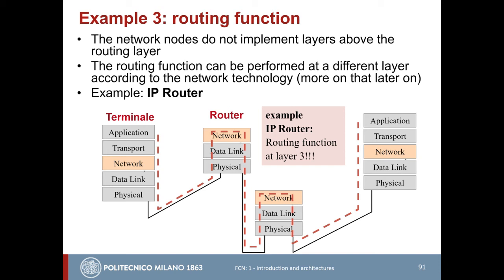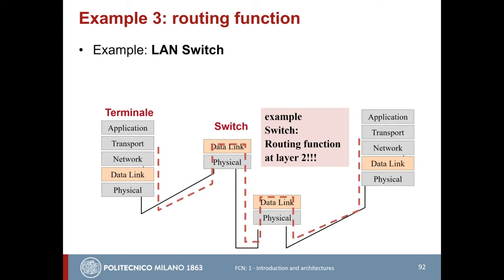The router is the device that is operating routing at layer 3, so the network layer. But in other cases, you have the switch that is implementing routing at the data link layer, and the same applies.